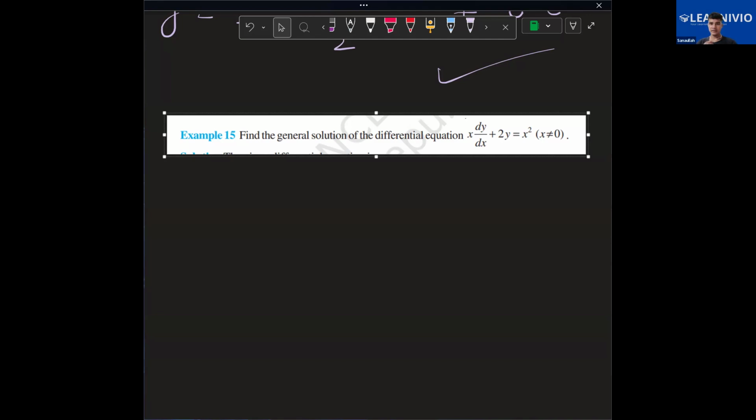First of all, you have to bring this equation in the standard form of your linear differential equation.